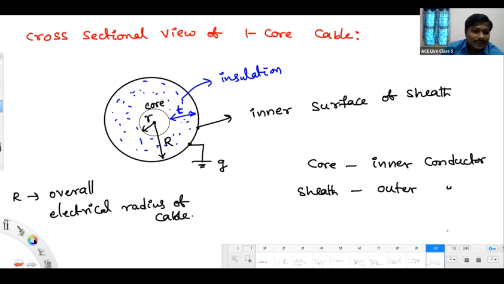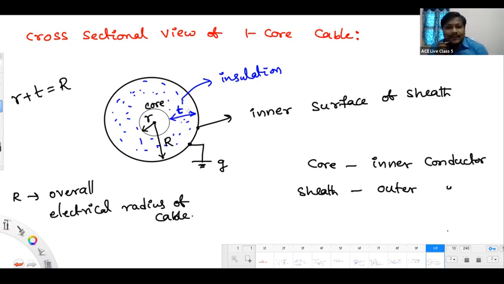I am calling it T. So you can have that relation here: r plus T equals R, where T is the thickness of the insulation.